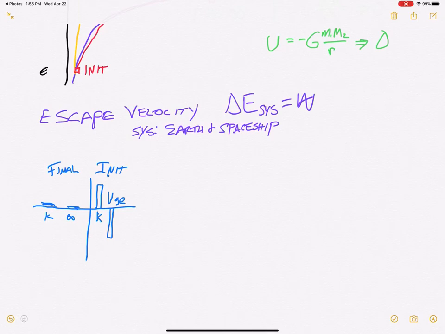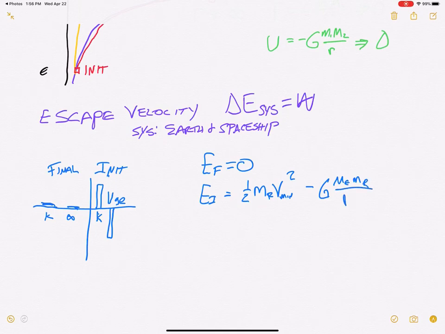So we can calculate this with energy. Our energy final is all 0. Our energy initial is the kinetic energy of the rocket minus the gravitational potential energy, G m of the Earth, m of the rocket, divided by the radius of the Earth.